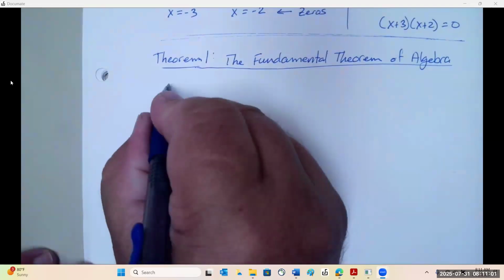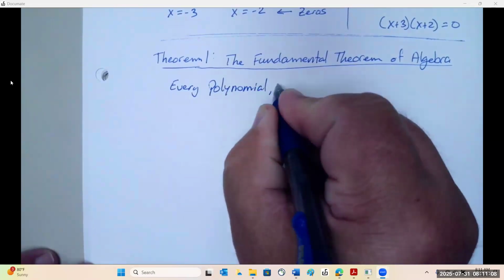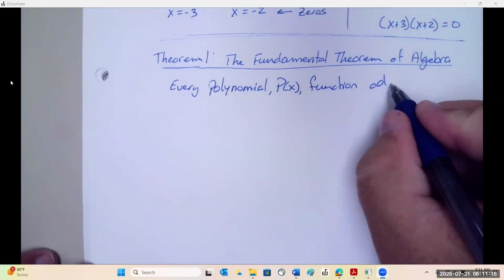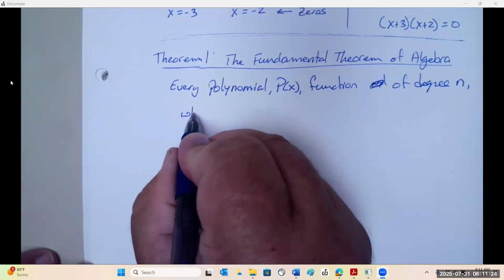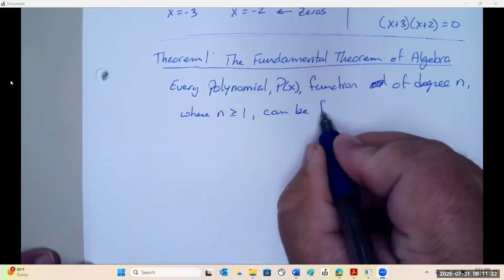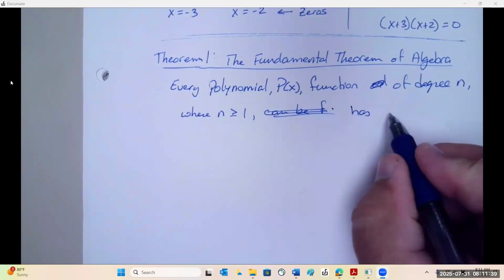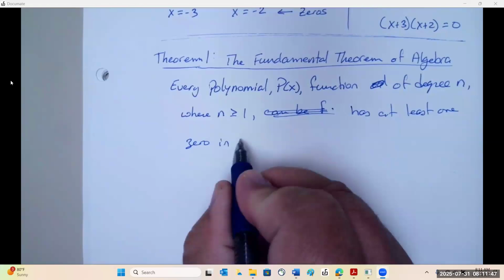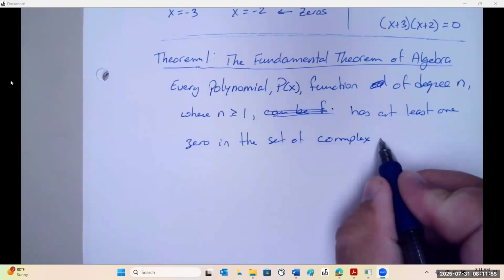But the fundamental theorem of algebra says every polynomial p of x function of degree n, where n is greater than or equal to 1, has at least 1 zero in the set of complex numbers.